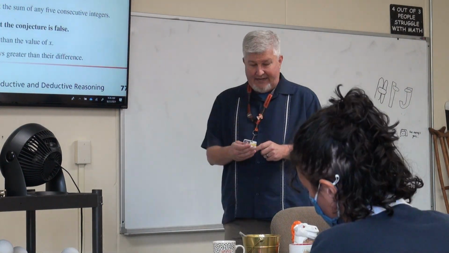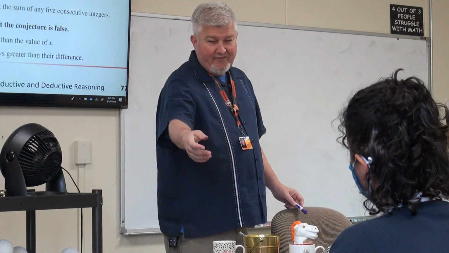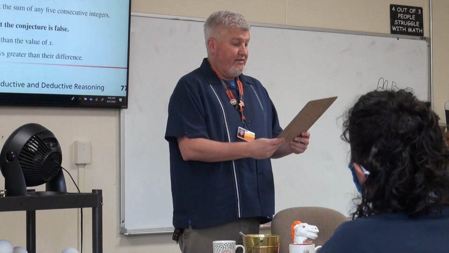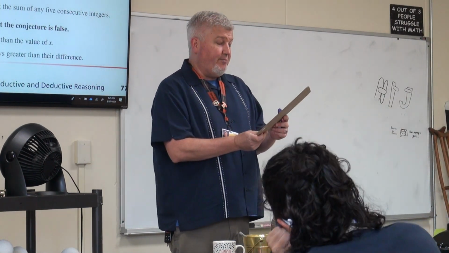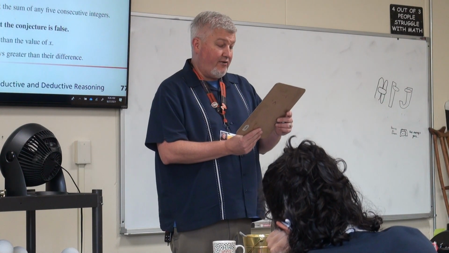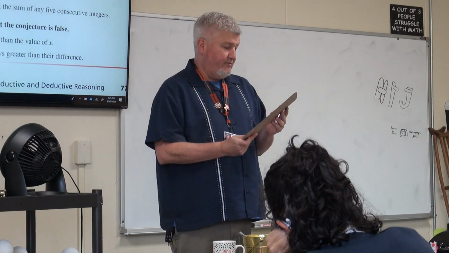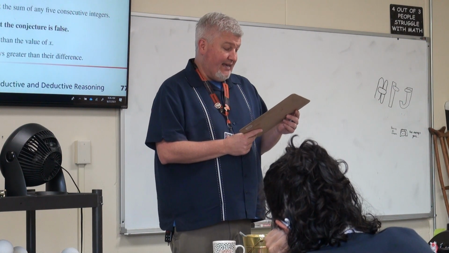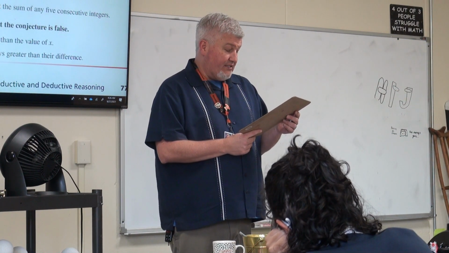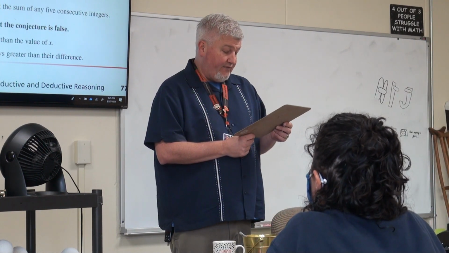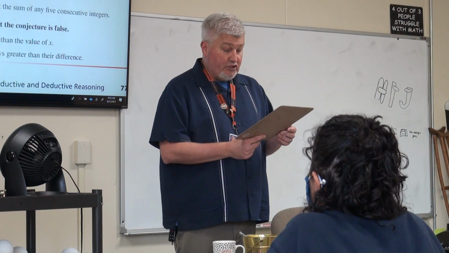Let me check her math. 1 plus 2 plus 3 plus 4 plus 5 is 15. 6, 7, 8, 9, and 10 gives 40. 3, 4, 5, 6, 7 gives 25. 4, 5, 6, 7, 8 gives 30.